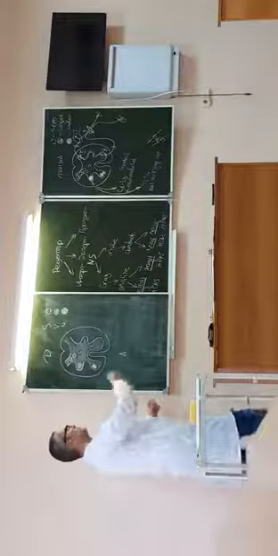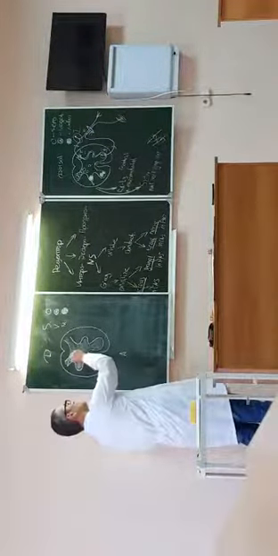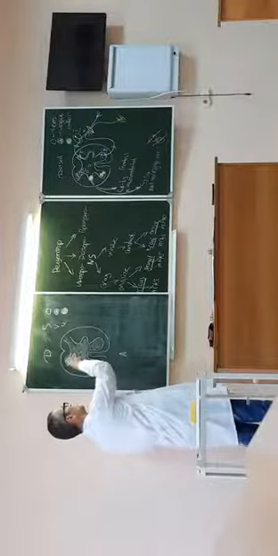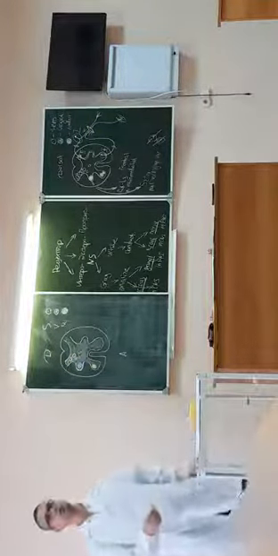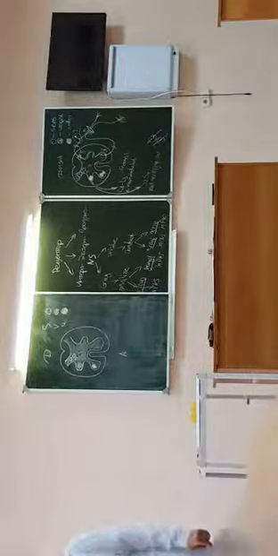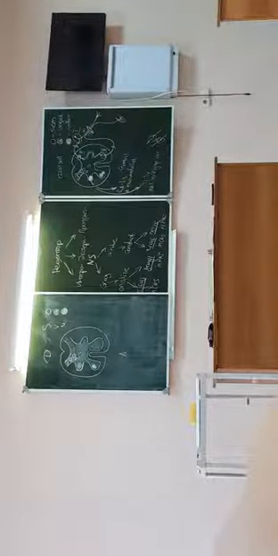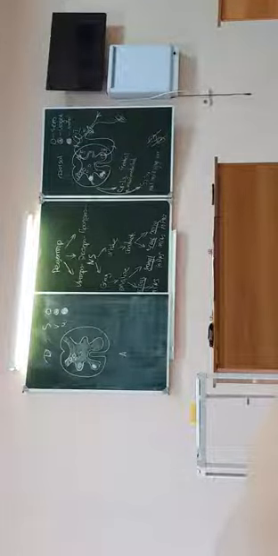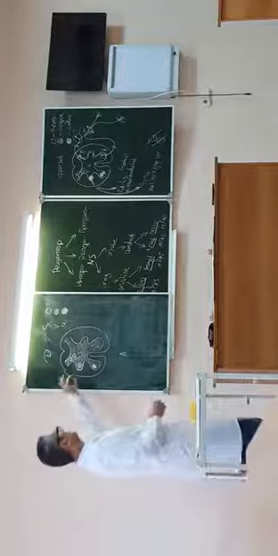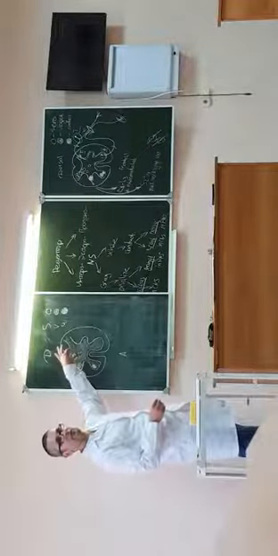This nucleus of Clark has a brother which lies on the borderline between posterior and lateral horn. It is called nucleus intermedio medialis. And these 2 nuclei carry out the same function.